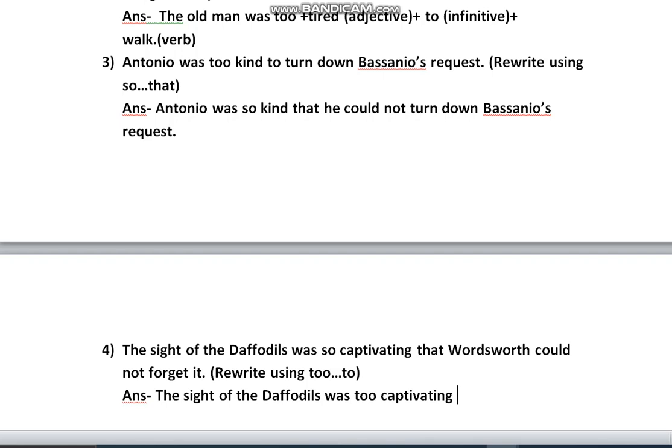Now here don't write it was too captivating to forget. You're missing out a very important detail, and that is Wordsworth. The sight of the daffodils was too captivating for Wordsworth to forget.